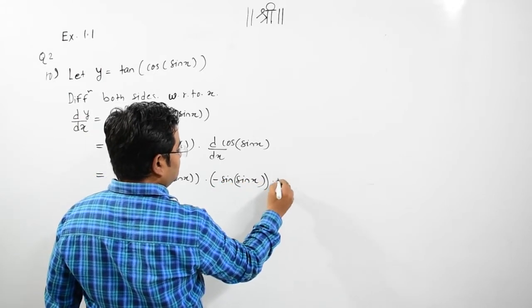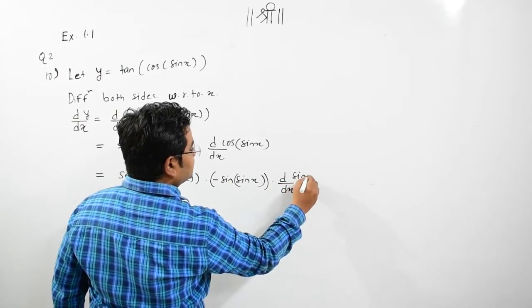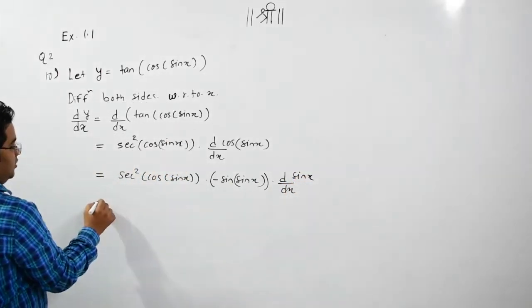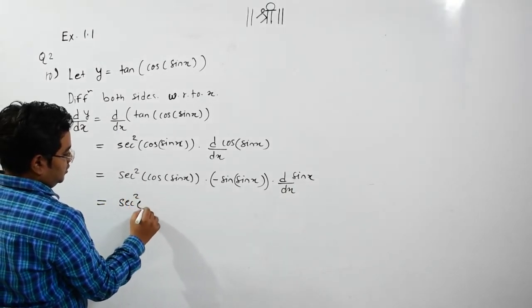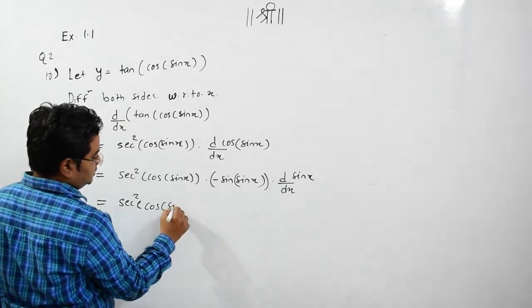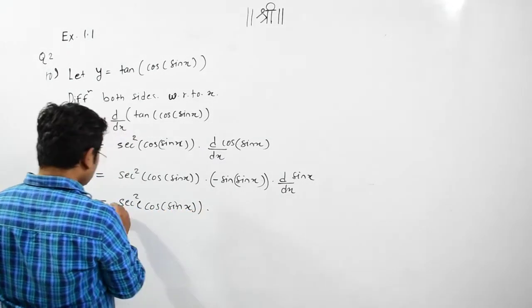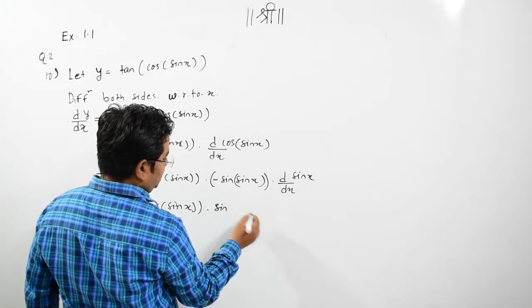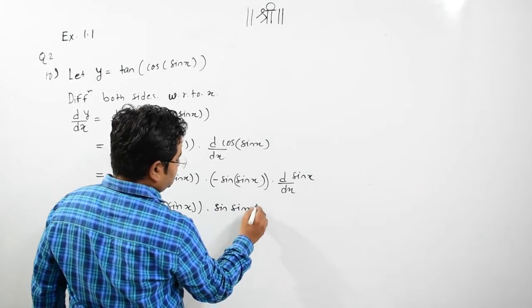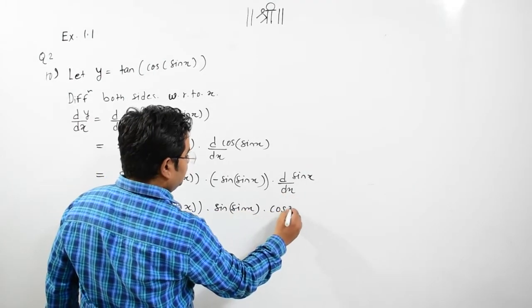Again the derivative of sin x is cos x. Therefore sec square of cos of sin of x into, taking the minus sign outside, sin of sin x into the derivative of sin x, which is cos of x.